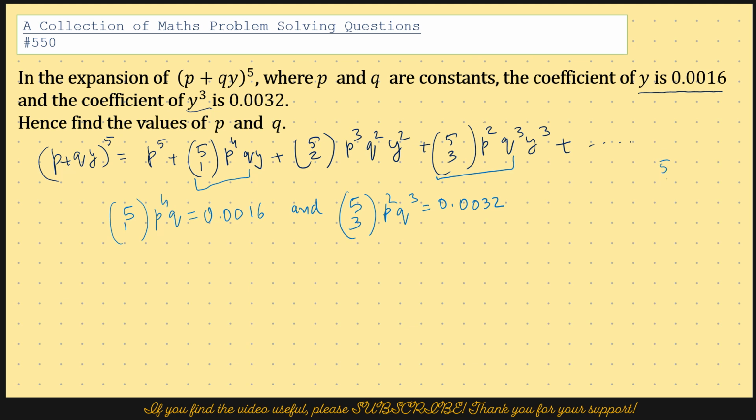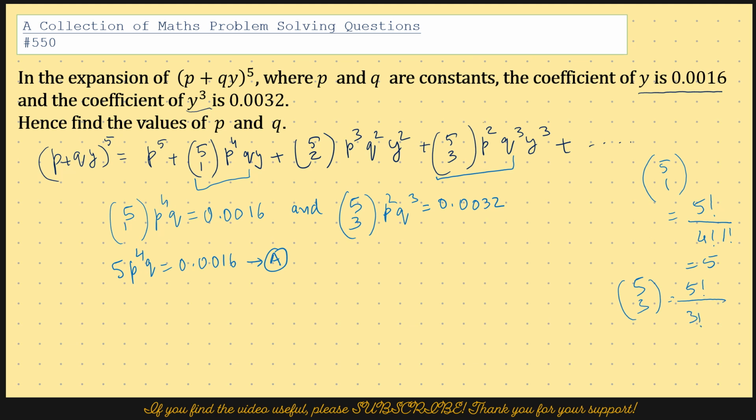So then what we know is 5C1 is simply factorial 5 divided by factorial 4 times factorial 1, and that is 5. So this becomes 5 p to the power 4 q equals 0.0016. I'm going to call it A. And the next one, 5C3, is factorial 5 divided by factorial 3 times factorial 5 minus 3, which is factorial 2.